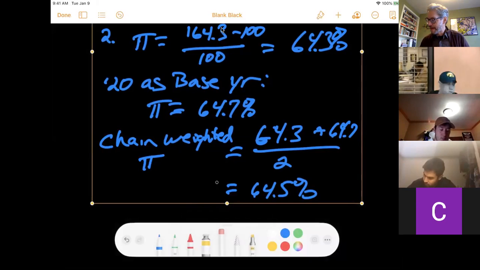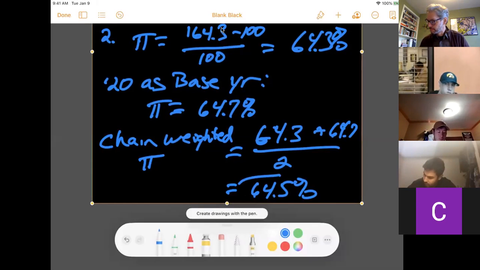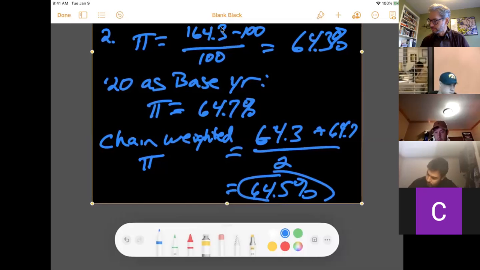That is really the best answer. So once again, when you chain weight, you have to do everything twice. You have to use the first year as the base year, calculate. You use the second year as the base year, calculate, and then you average that out.